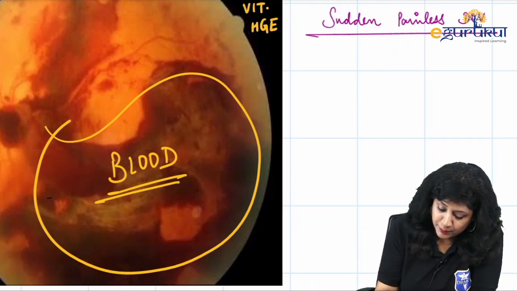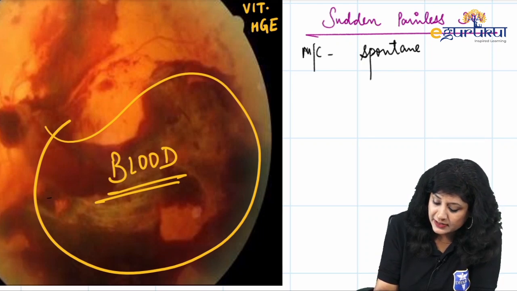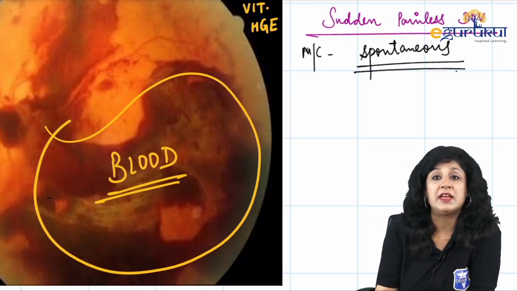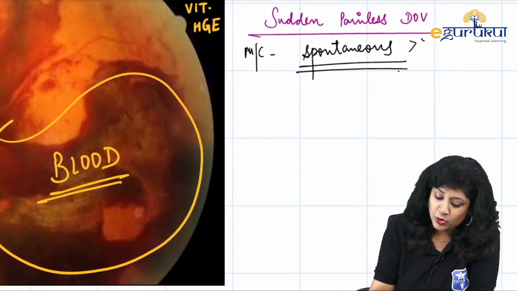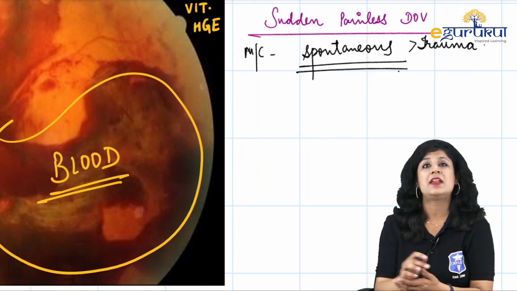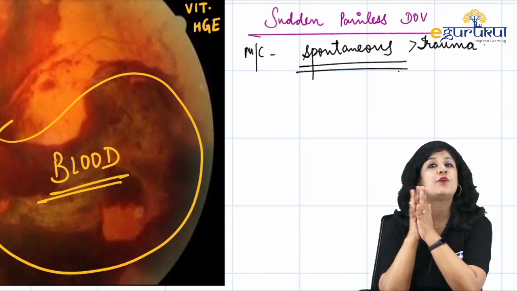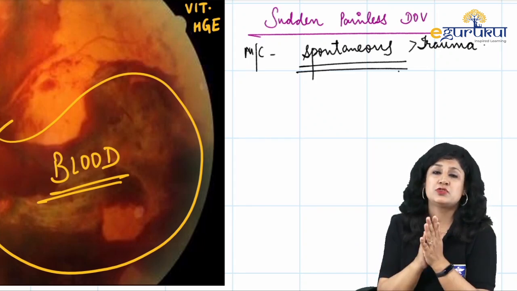The most common etiology is actually spontaneous. If you are not getting any etiology in the question, don't worry, it could be a spontaneous vitreous hemorrhage, and this is followed by trauma. You may or may not have a history of trauma.